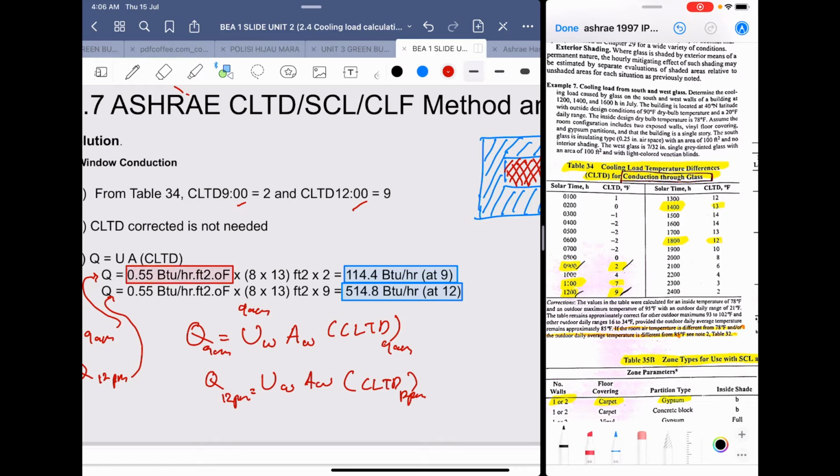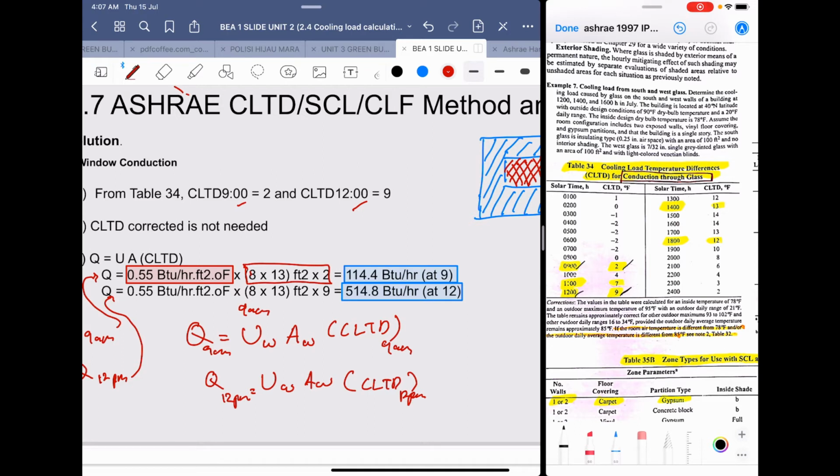The U value of the wall is 0.45 BTU per hour, feet squared, Fahrenheit. Then we must multiply by the area of the window only, 8 times 13 feet squared. Right.